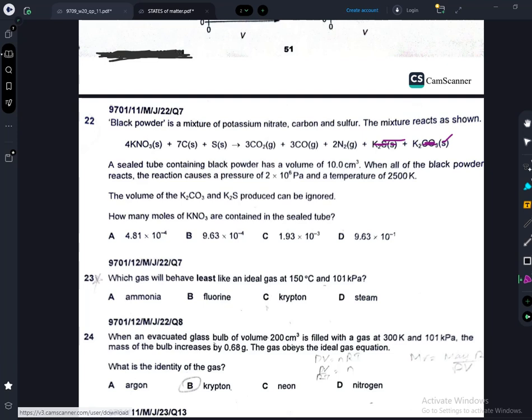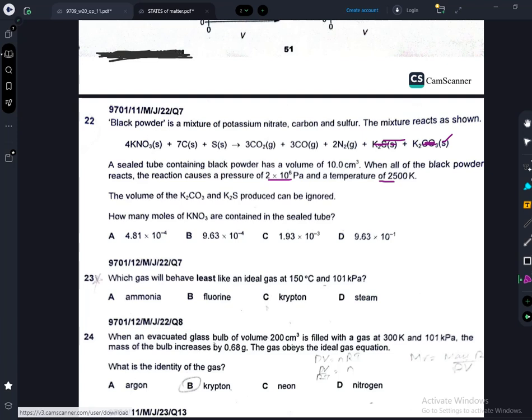Now what's the trick involved? First we have the pressure, we have the temperature. PV is equal to nRT. We have to find n here, so we also have to get the volume first. How will we get the volume? You won't get the volume so easily unless you notice this.